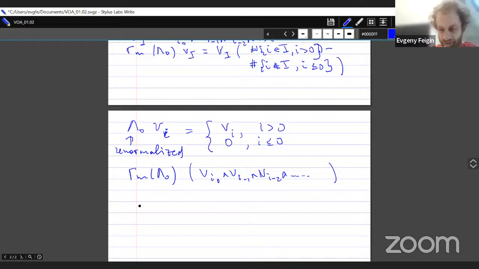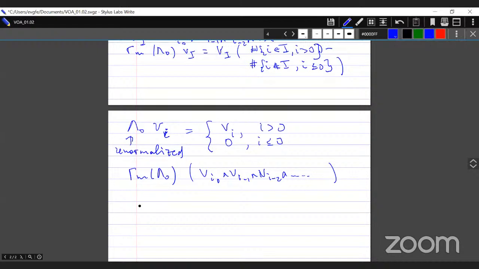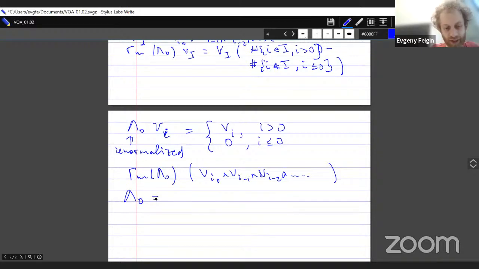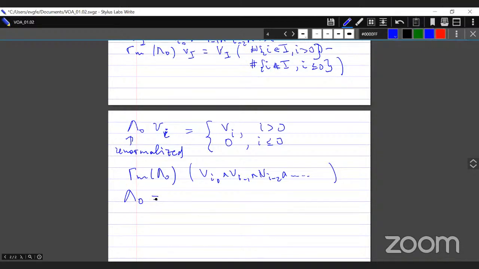Okay, let's work it out. After we change the identity, the lambda 0 changes to that, yes? Well, yes, so it turns out that lambda 0 is, so let me write it. Yeah, Sasha. If we apply lambda 0 to one of the negative modes, that is, to v_i with i less than 0, then it doesn't act. Right, that's how to put it.